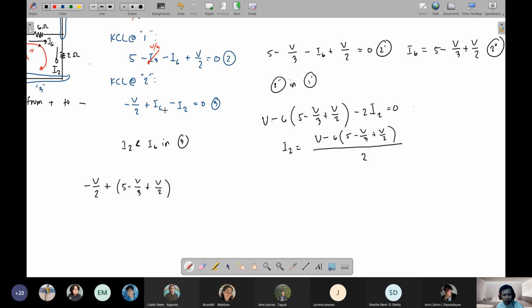And lastly minus I2, which is V minus 6 times 5 minus V over 3 plus V over 2, divided by 2. Then equate to 0.